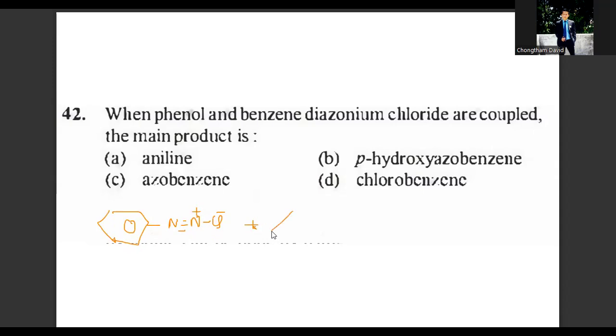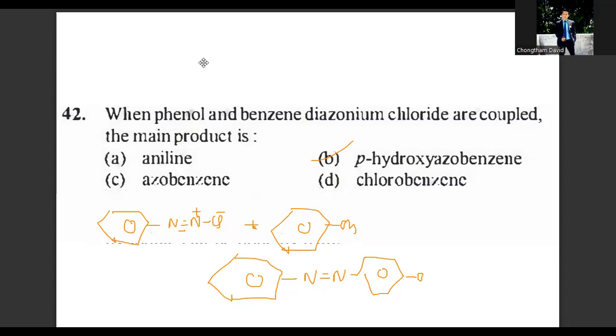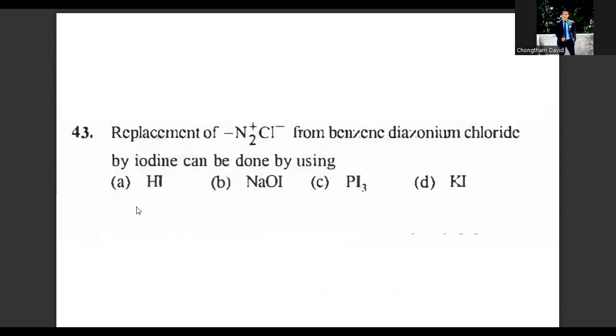When this is coupled with phenol, an orange dye is formed. So B will be the answer. Para hydroxyazobenzene is formed. Option number B.